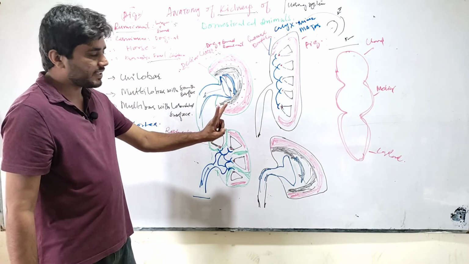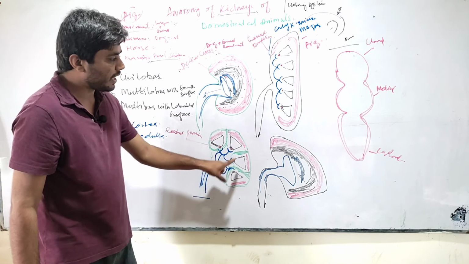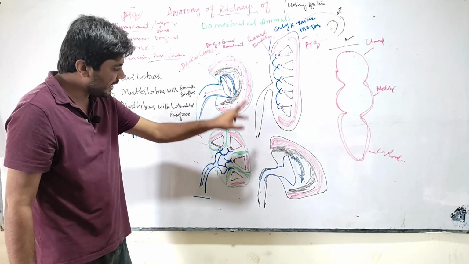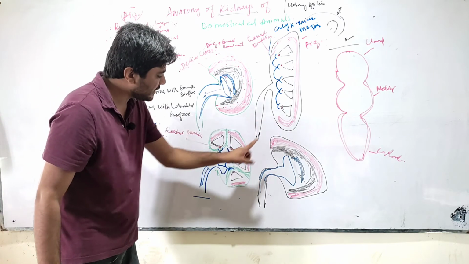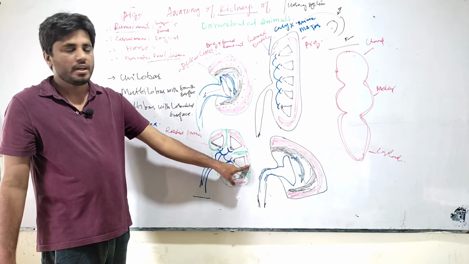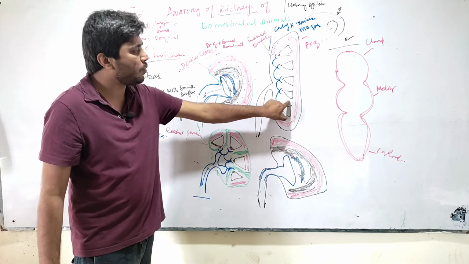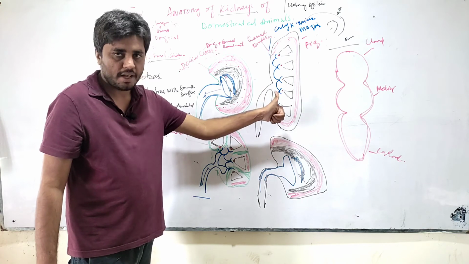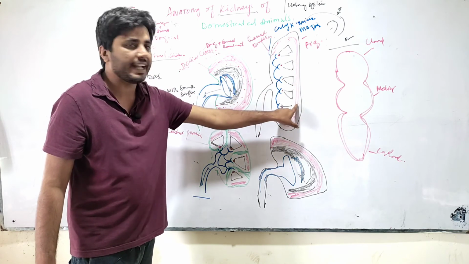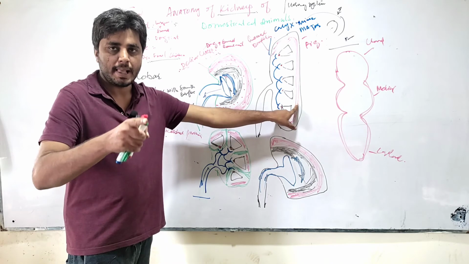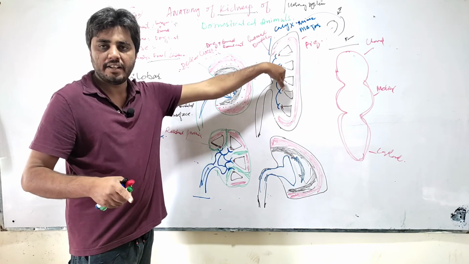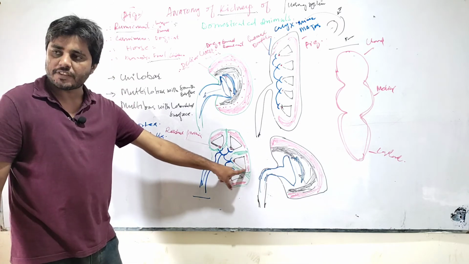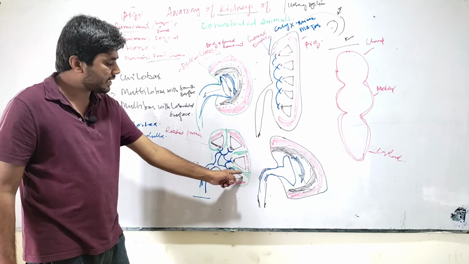The differences between pig and cattle: one is that they have a different outer surface, the pig smooth and the cattle lobulated. The other is that the pig has a fused cortex while cattle have a lobulated cortex. There is no full internal lobulation in the pig. Lobulation up to the medulla is okay, but the cortex of the pig is still a single fused cortex, whereas here we have a separate cortex for each lobule and a separate medulla.